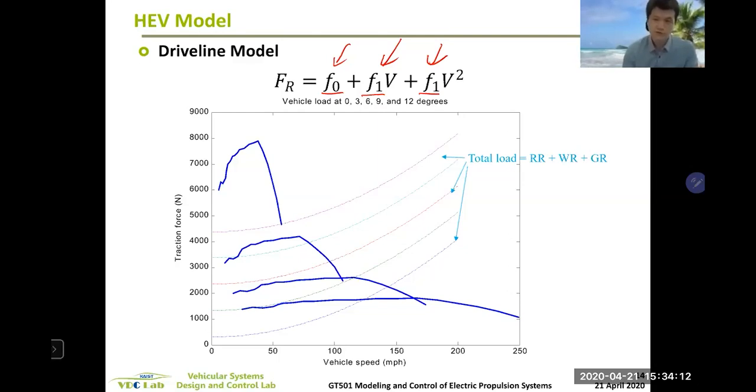So whether it's Avante, Sonata, Santa Fe, different vehicles have their own road load coefficients. Okay. Once we find these values, if we plot, it looks something like this.